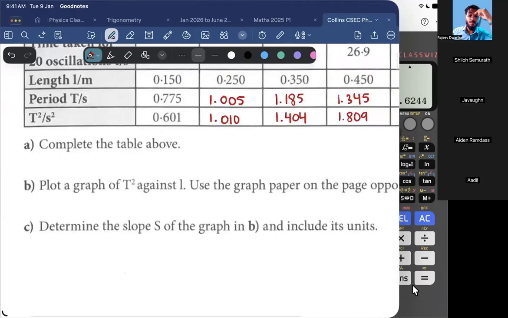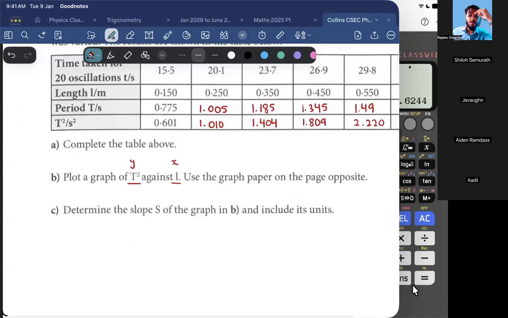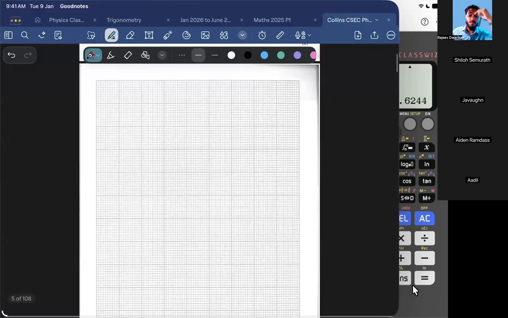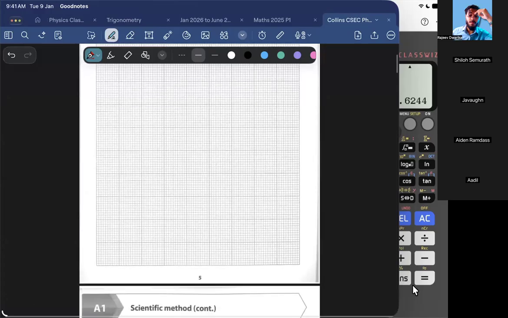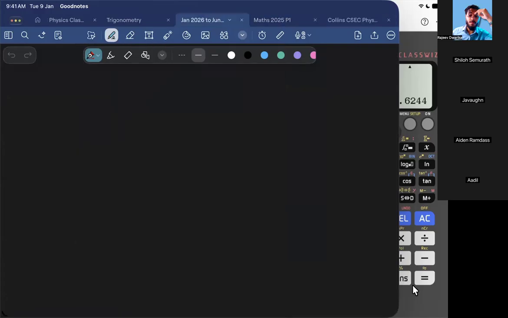T squared or L? T squared, good. You learn your lesson, right? T squared going on the y-axis and L going on the x-axis. And I'm going to use this scale. I want to use the scale that CXC just gave you. So, 1 second.